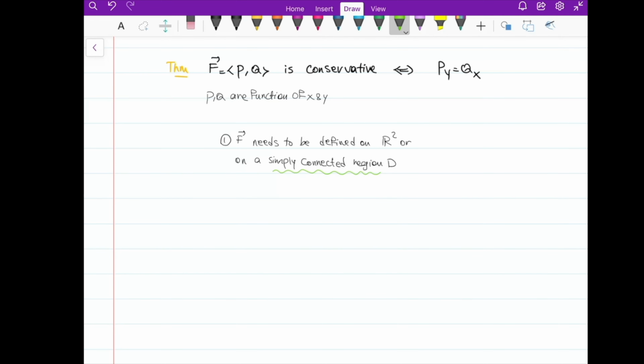This definition means that it's a region without any holes in it.